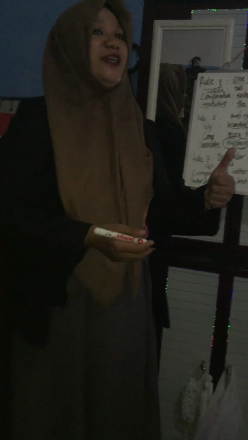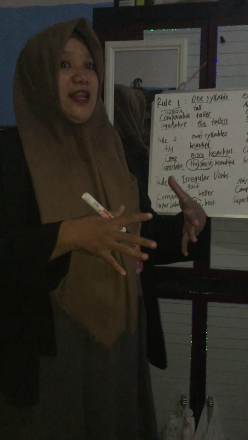The comparative one is Sheila is better than, don't forget than, better than Adil. And what about the superlative? Sheila is the best of all. Very good. Nice. So that's the example.